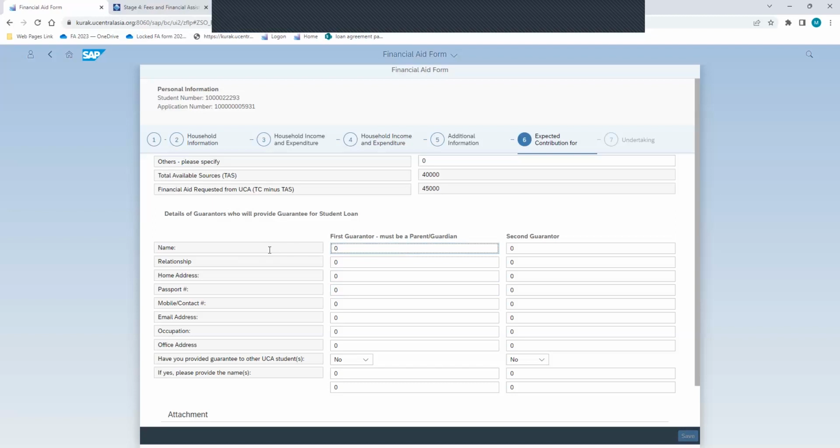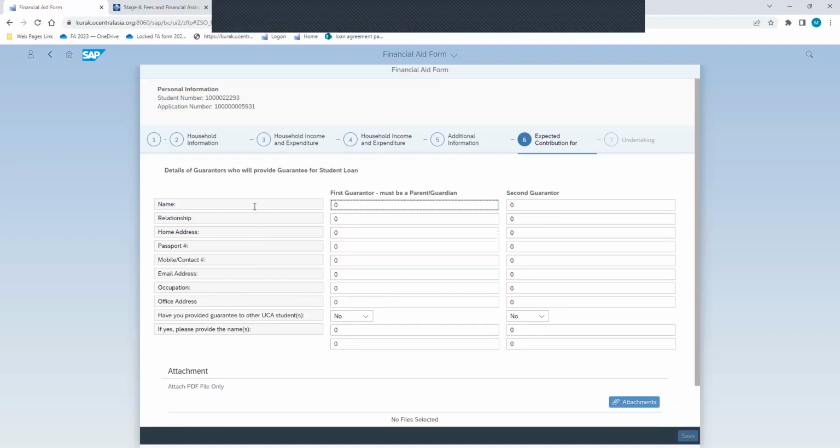So the next step is to fill the box with the details of guardians who will provide the guarantee to the student loan. There will be a loan, by the way, and all these details will be shared with the applicants who passed all the stages, and the amount of the loan will also be announced at that time individually to each and every student.